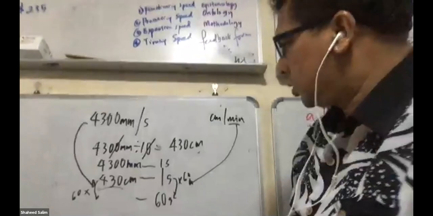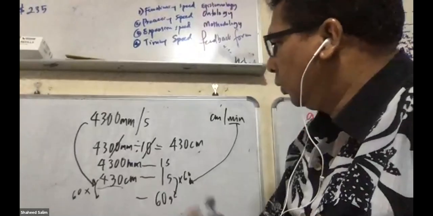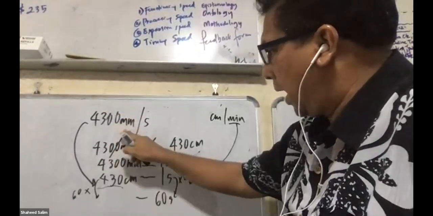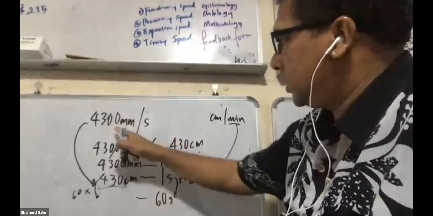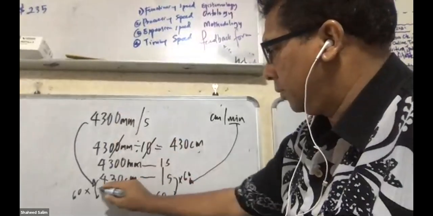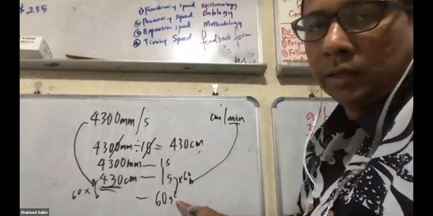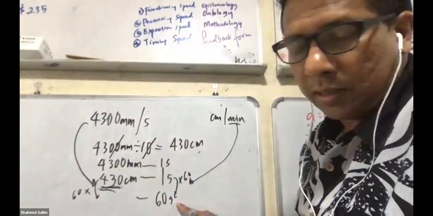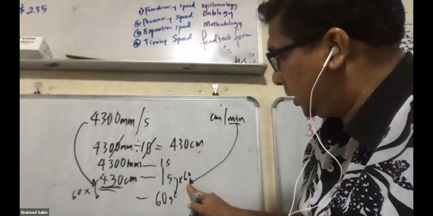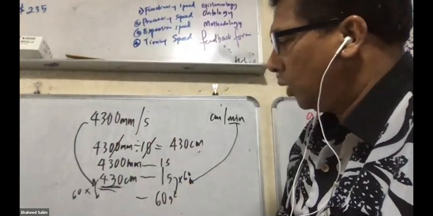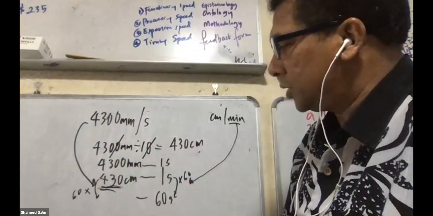Okay, so we come back to this. You want to measure this in cm per minute. So this is in cm. Already we change, we divide by 10. Now we're going to change it to minute. You got to times by 60. So now you times by 60 here. Also times by 60. What is 430 times 60?